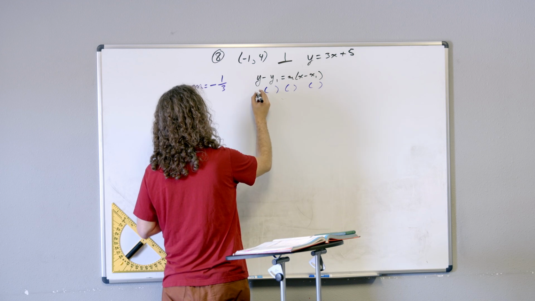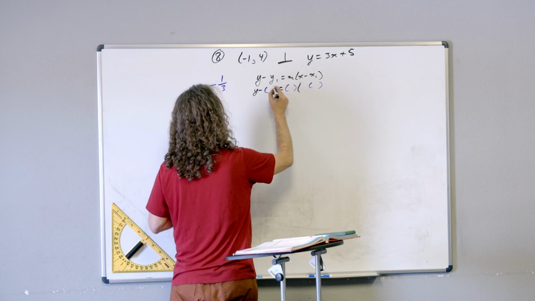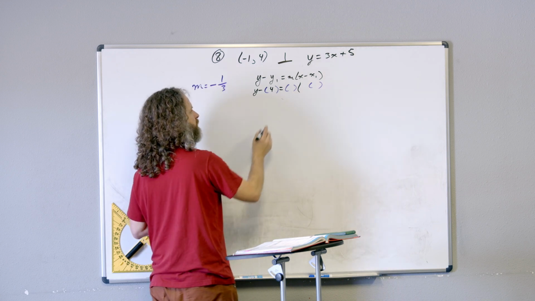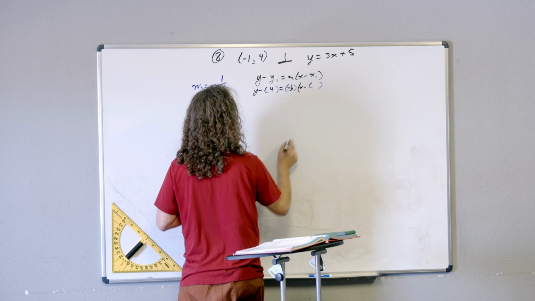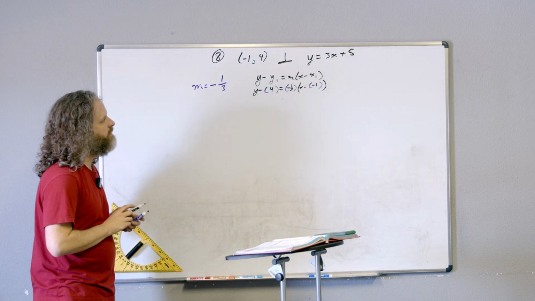What are we going to put in for y1? 4. What are we going to put in for m? Negative 1/3. And then negative 1. Now what do we do?